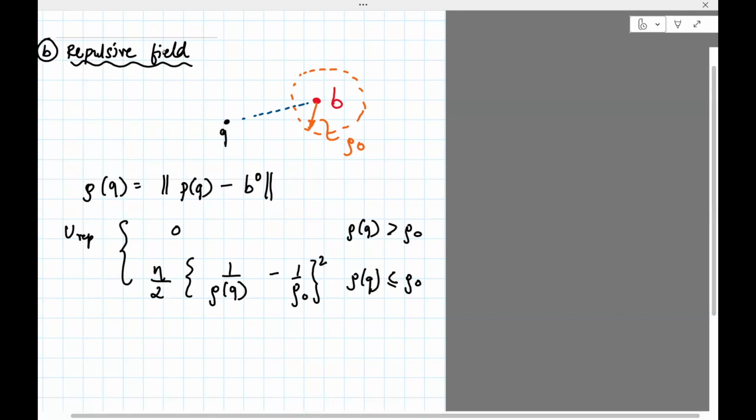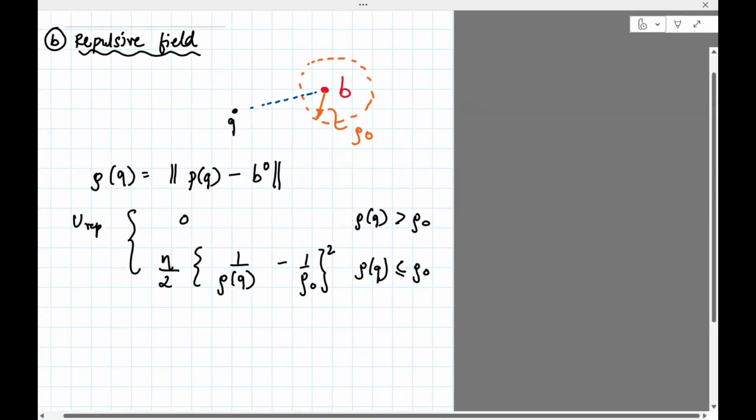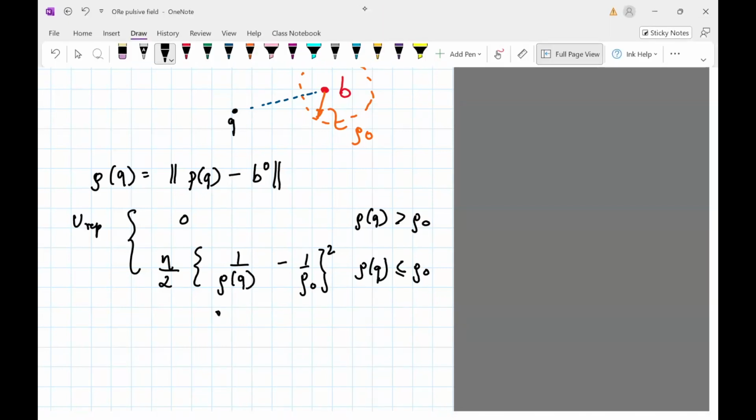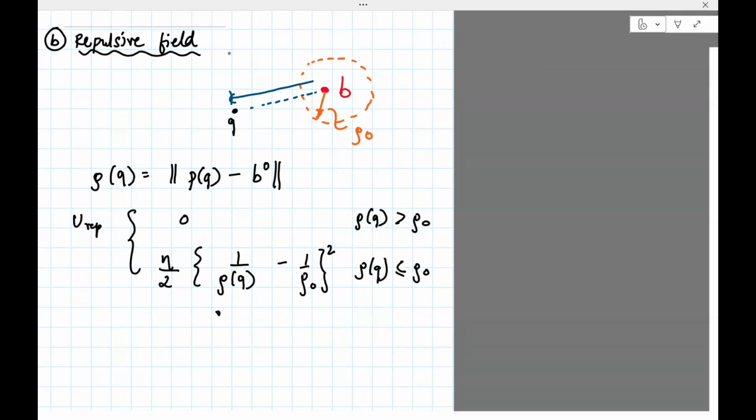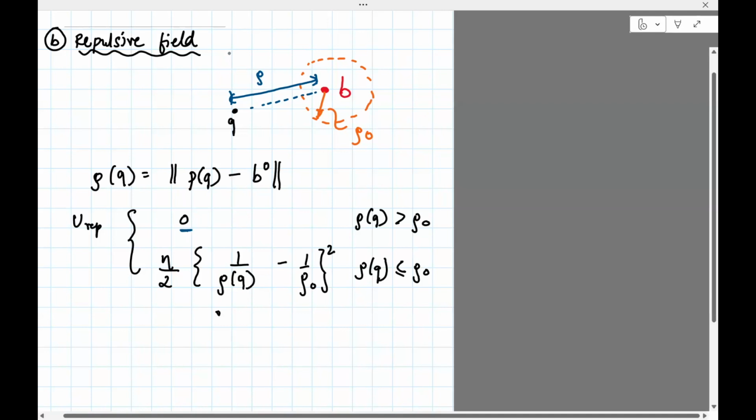So let's think about what's going on here. Rho is this distance. Rho 0 means that far away there's no repulsive field. The moment the robot hits this point, rho is equal to rho 0.